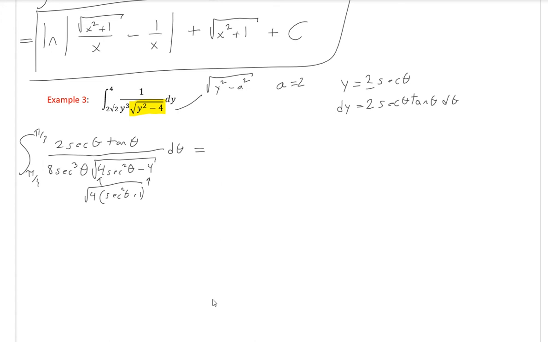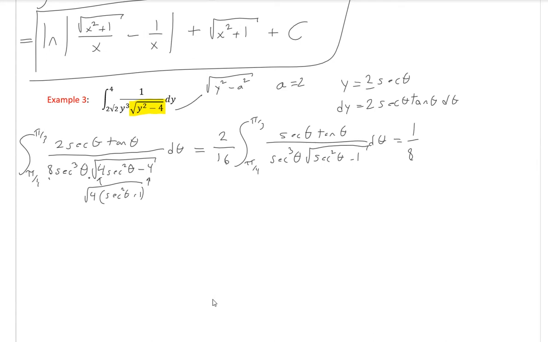That will give me another 2 on the bottom. So overall, 2 times 8 gives me 16, and a 2 on the top. Pi fourths to pi thirds, we'll have secant theta tangent theta on top. On the bottom, I still have the secant cubed theta, and the square root of secant squared theta minus 1 d theta. So I just pulled all the constants out at once. That 2/16 can also become 1/8.